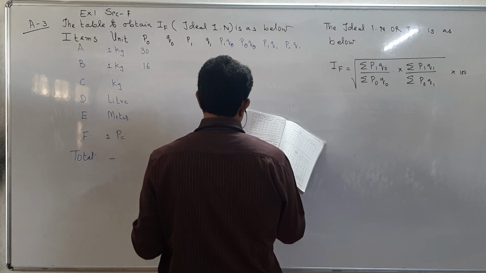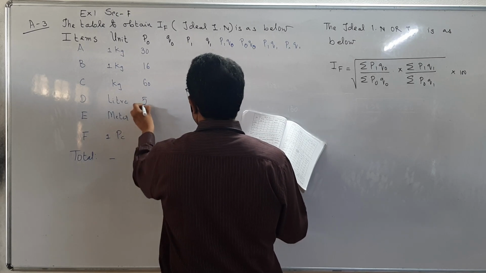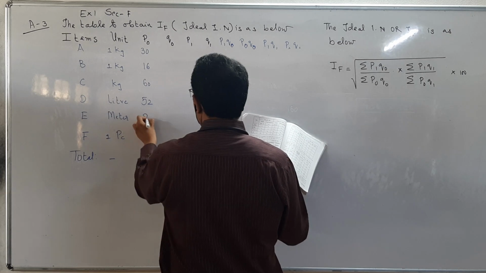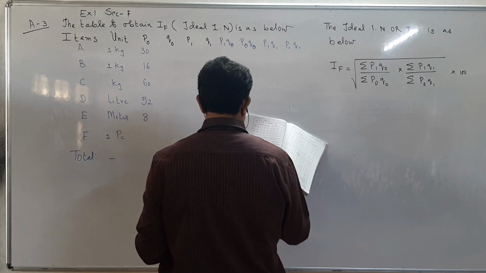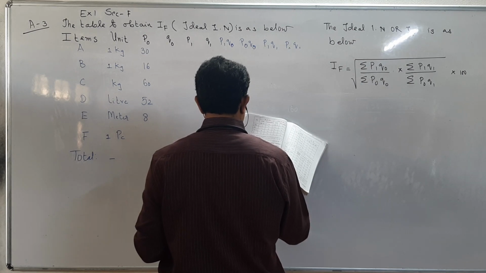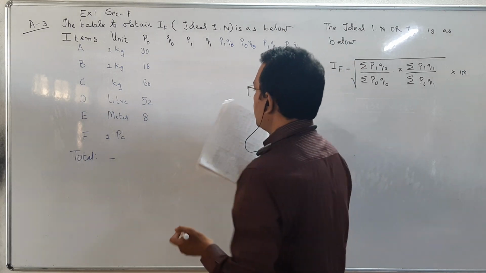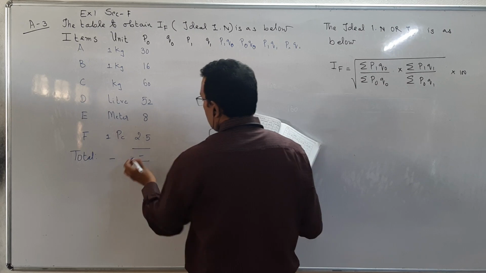Then 60 divided by 1 is 60. 52 divided by 1 liter means 1 is 52. 8 divided by 1. Now 1 dozen is costing 30 rupees, so per piece 2.5. And this we don't total.